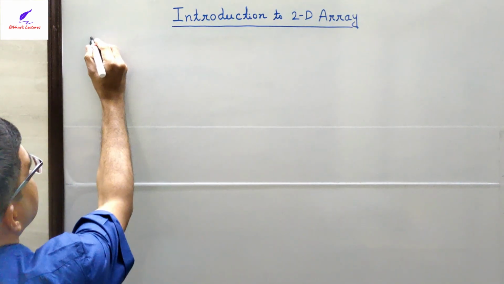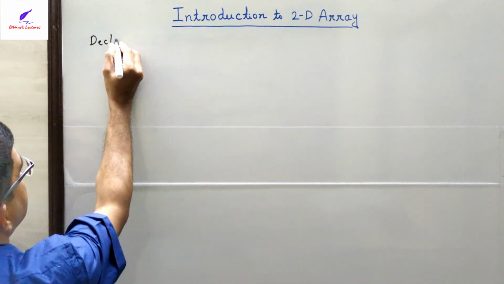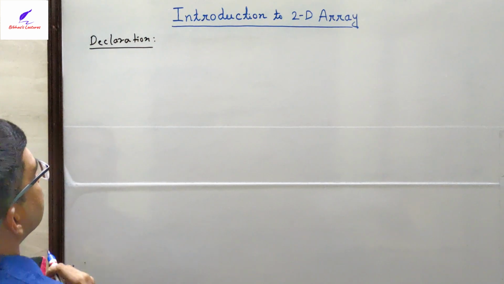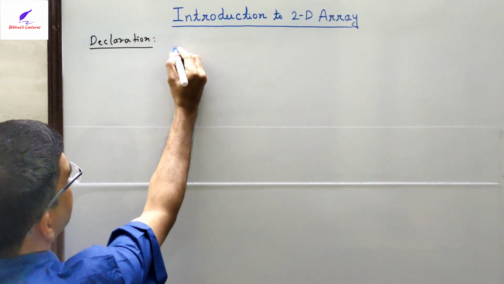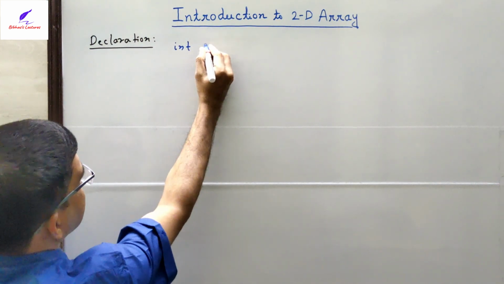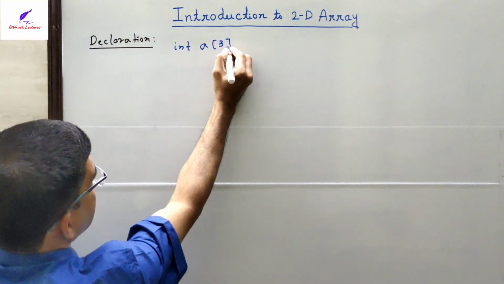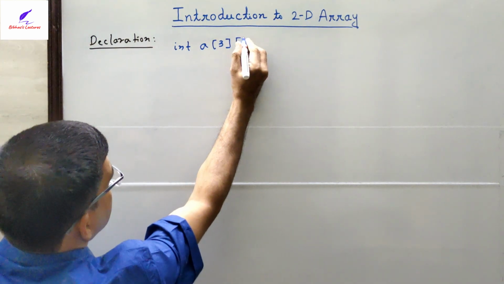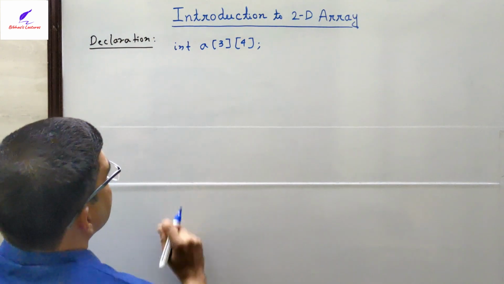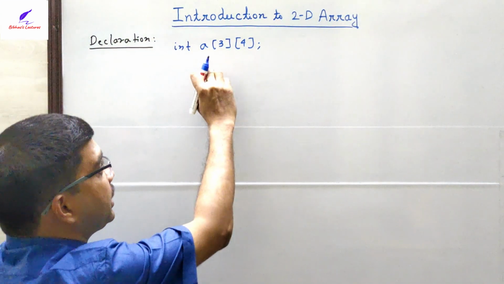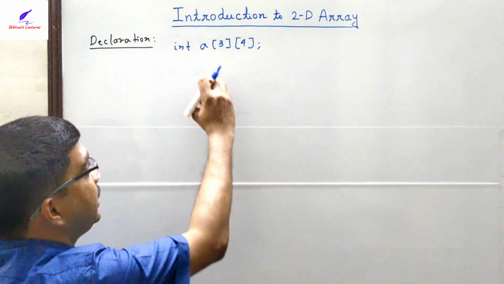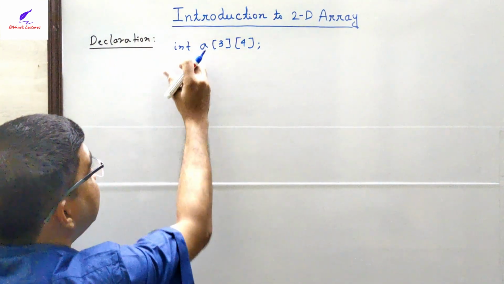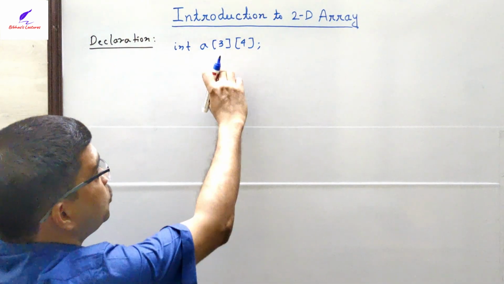Declaration of a 2D array. So I am writing int a[3][4]. Here I have declared a 2D array, namely a, and it is an integer type array where I have mentioned two different dimensions.